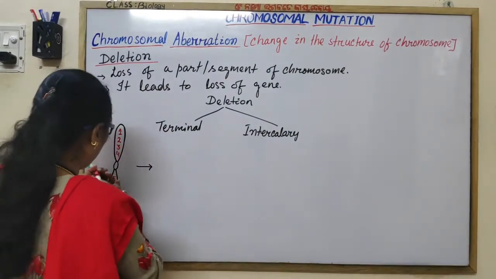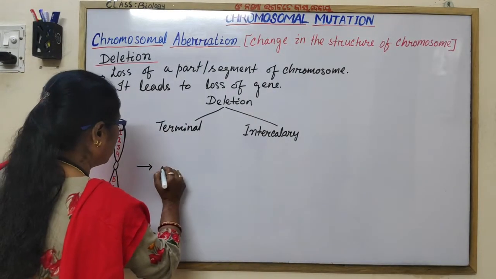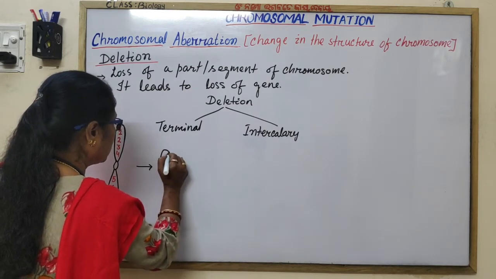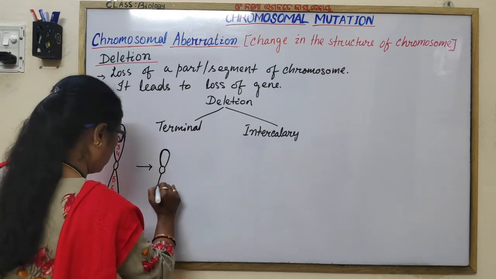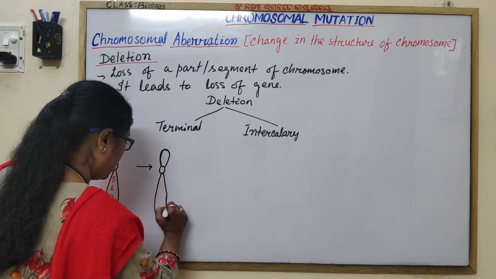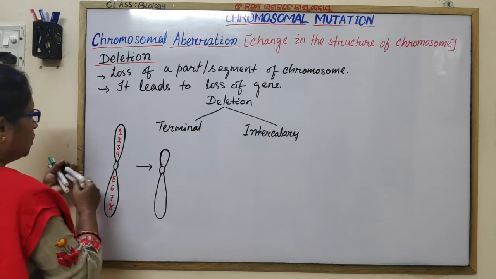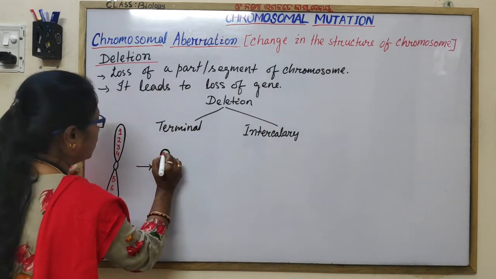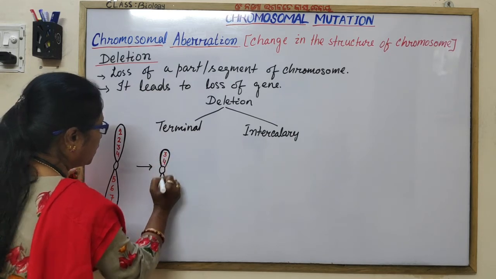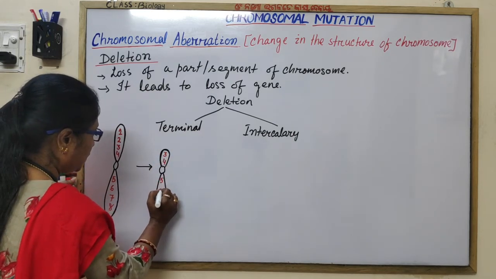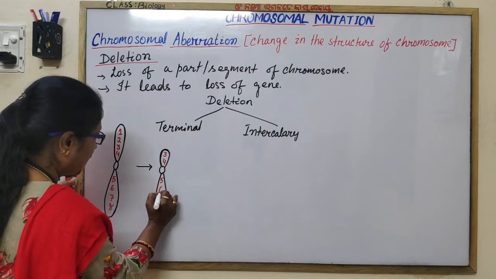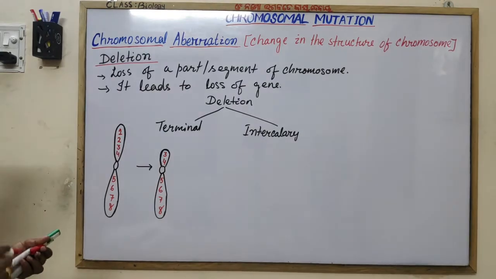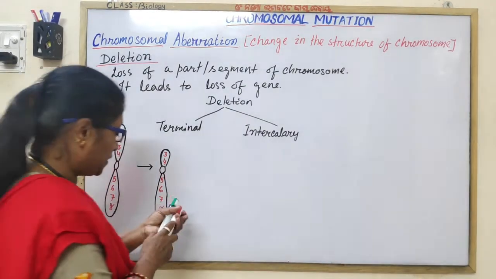Then if terminal part is lost, suppose the terminal part 1 and 2 is lost, then left out is 3, 4, 5, 6, 7 and 8. Understood? This is the terminal deletion.